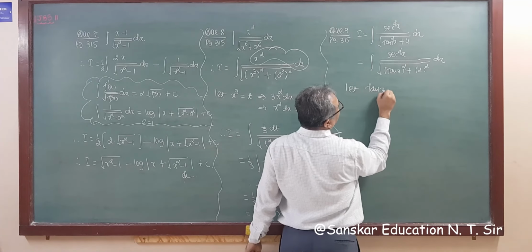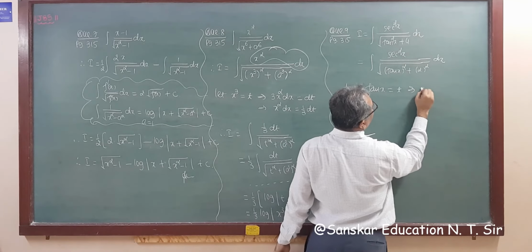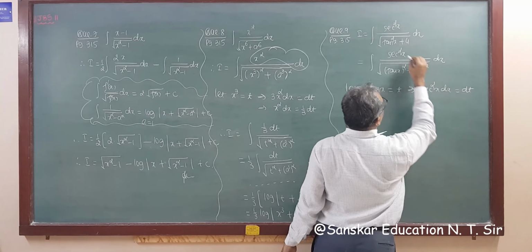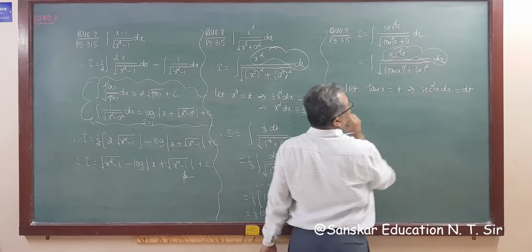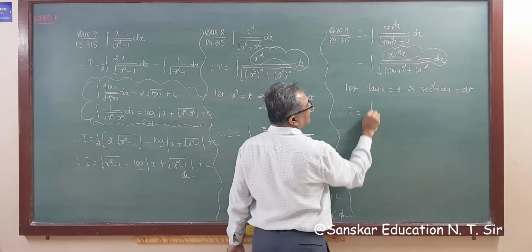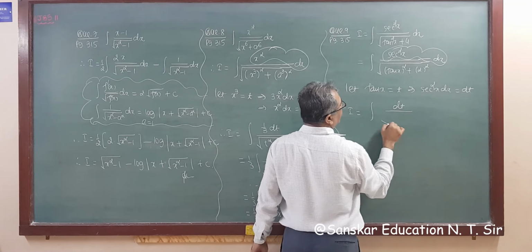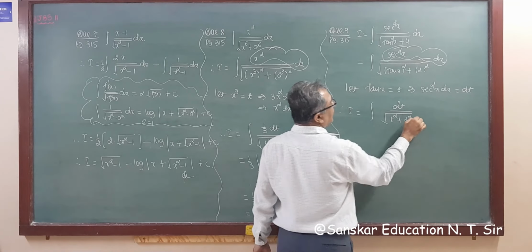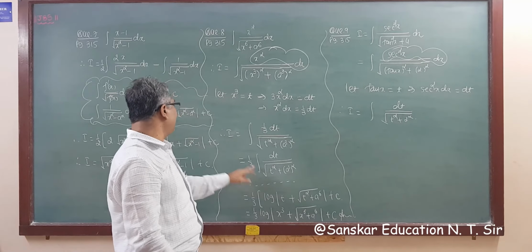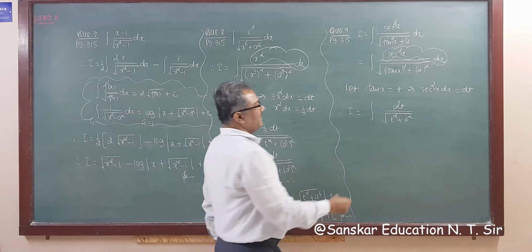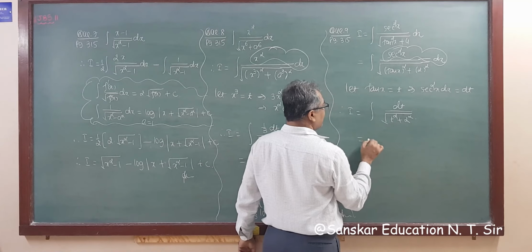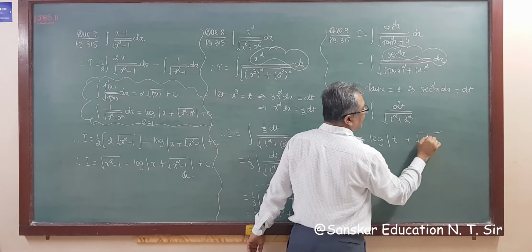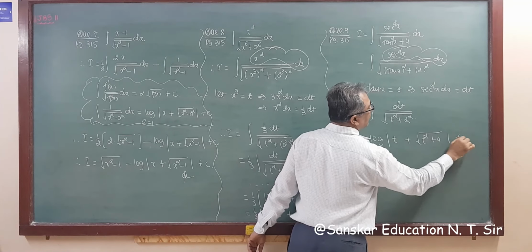So the derivative of tan x, sec square x dx, is dt. So what we get, I is equal to dt upon square root of t square plus 2 square. Once again the same formula. So in all three questions we have to apply one formula, that is log mod t plus square root of t square plus 4 plus c.